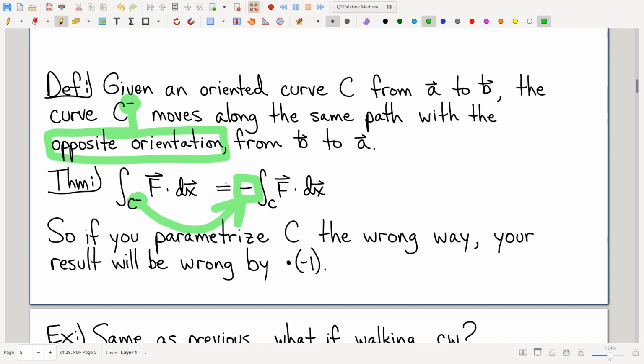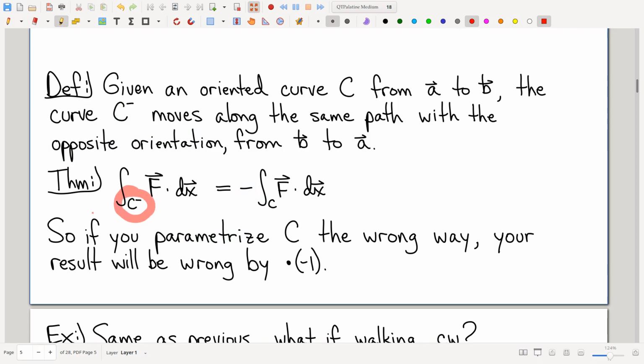Okay, now let me say this same thing again. Same notation. If you go the opposite direction, you're going to get a wrong answer by a factor of a minus sign. Let me say this a little bit more glass half full. If you need, for whatever reason, to go in a direction that's the opposite of what might be much more convenient, you can compute that integral just fine by going in the direction that's more convenient, and then just don't forget to insert the minus sign to fix your orientation.